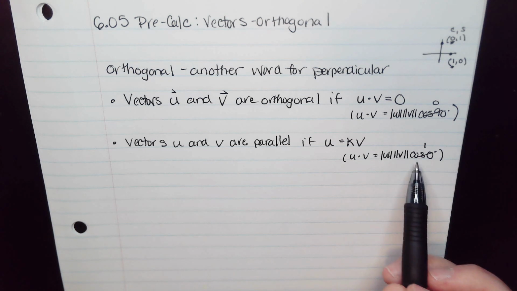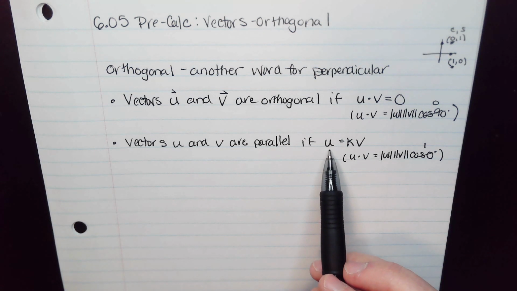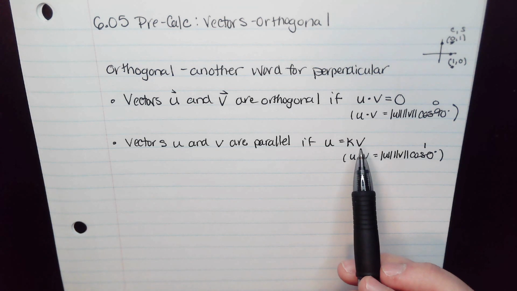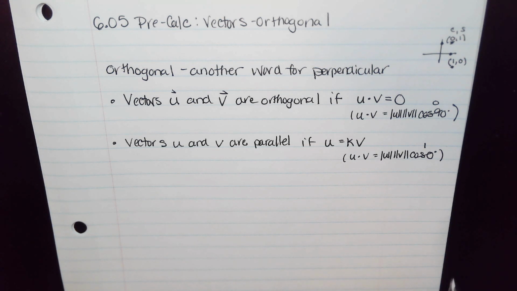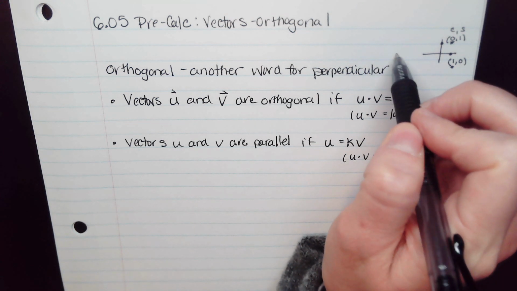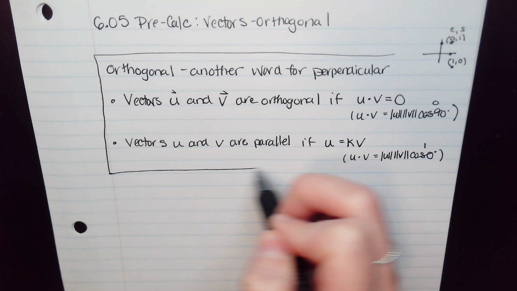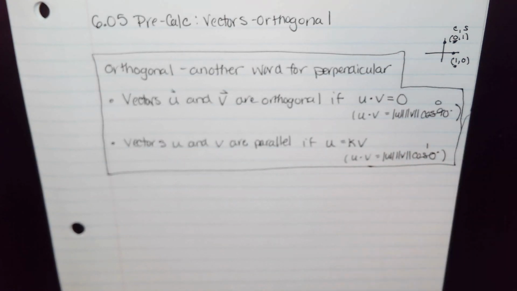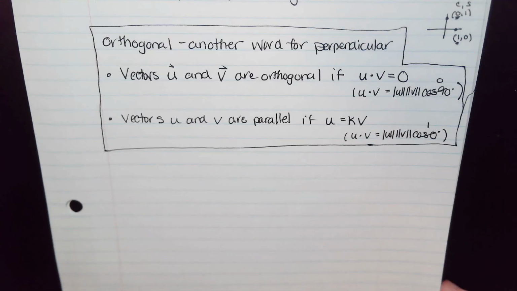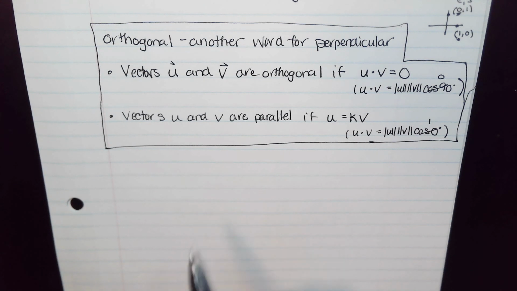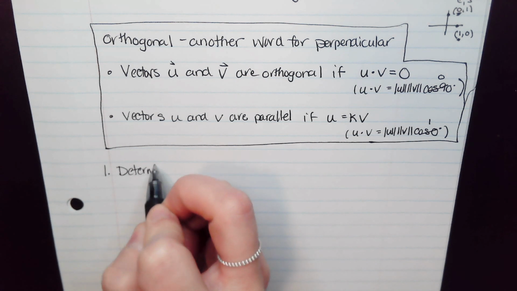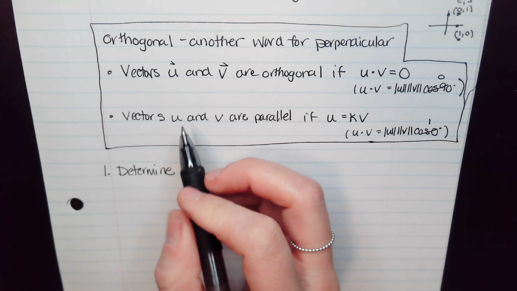You are just taking one vector and multiplying it by some number, a scalar quantity, and that means the two vectors are parallel to each other. So really important to remember those two things: if the dot product is 0, they're orthogonal. If one is multiplied by a scalar quantity, then they are parallel to each other. And if none of those things are true, then they're neither.